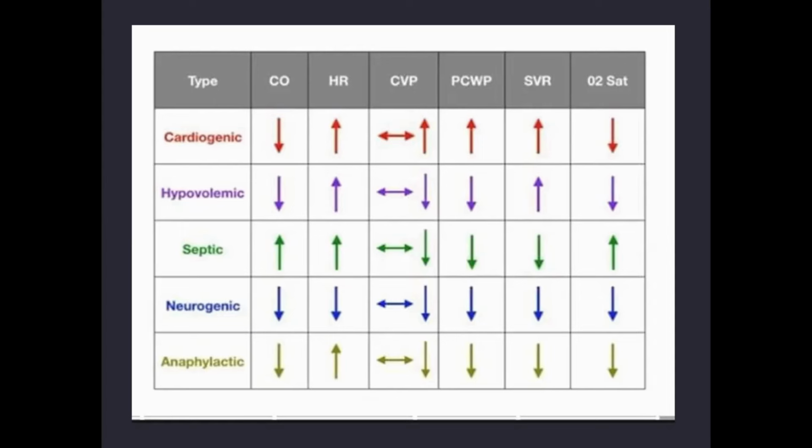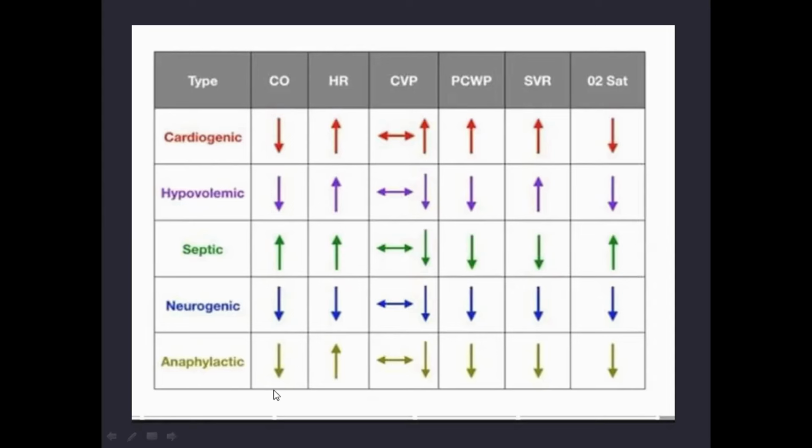Now, the vasodilation results in decreased preload, which results in decreased venous return and ultimately decreased pulmonary blood flow, and the pulmonary capillary wedge pressure and oxygen saturation are also down just because of vasodilation. And finally, anaphylactic shock is actually due to the type 1 hypersensitivity reaction.